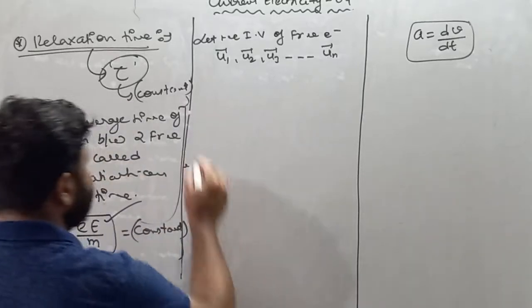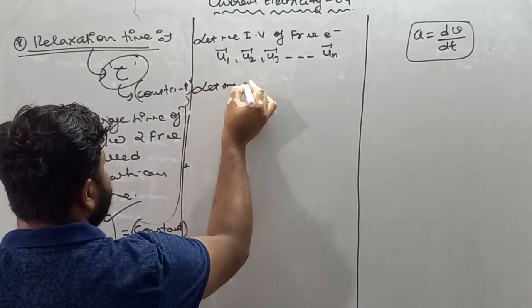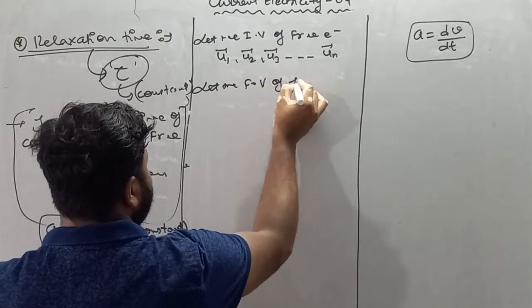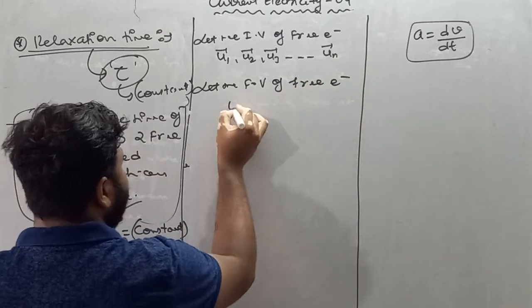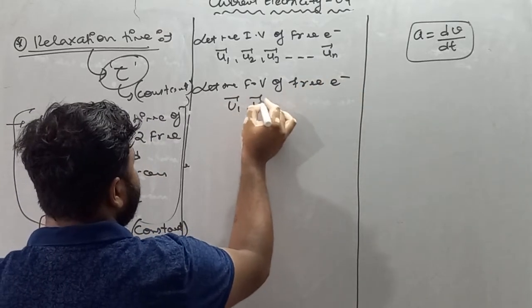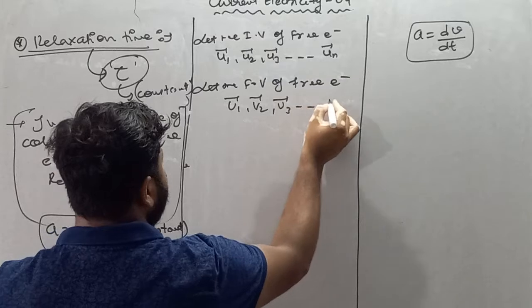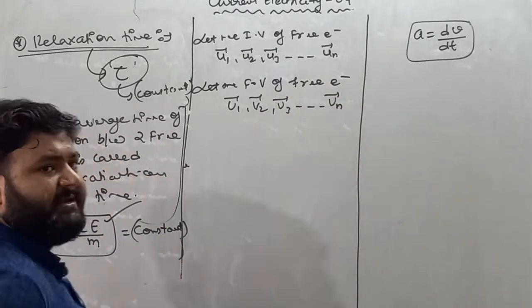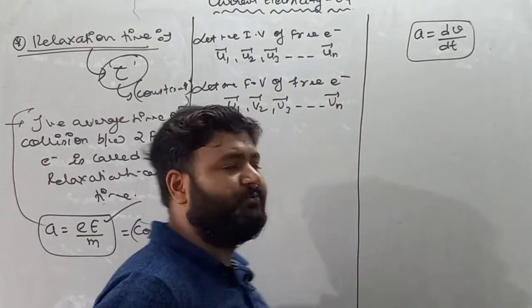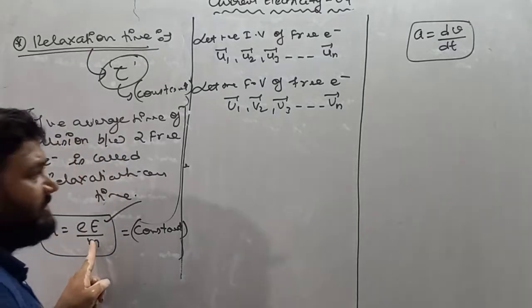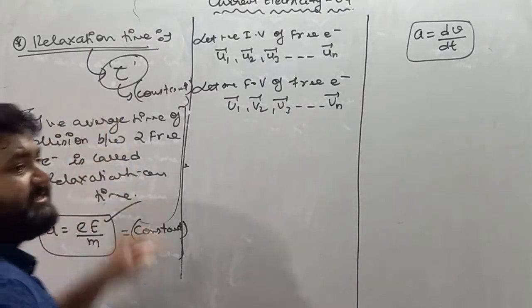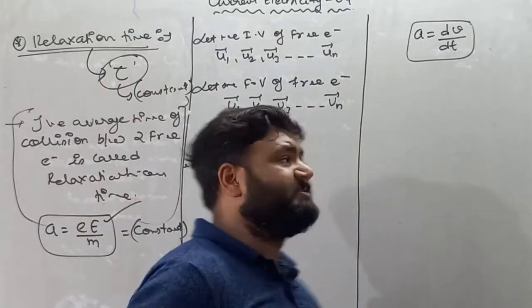So let's suppose the final velocities of the free electrons are v1, v2, v3 up to vn. Acceleration is constant and relaxation time, that is the time of collision, is also constant.